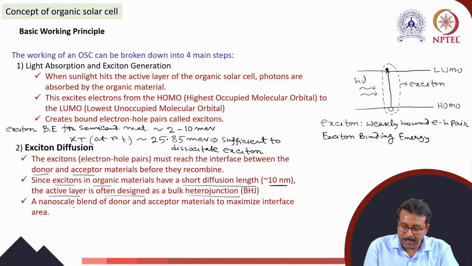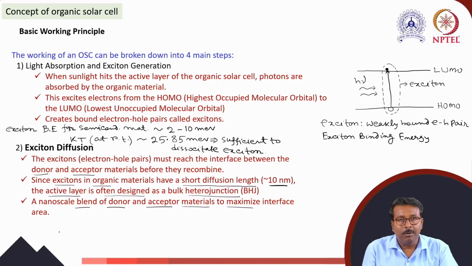So a nanoscale blend of donor and acceptor materials to maximize interface area is required to dissociate. Nanoscale blend means at the molecular level the donor and acceptor have to be mixed.